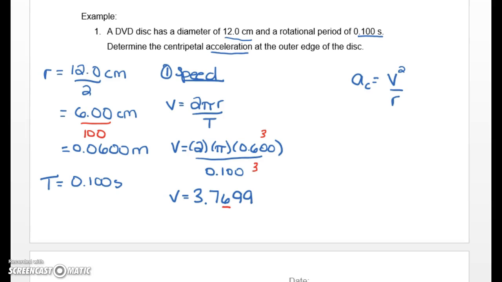So now that we have the rotational speed, we can go ahead and find that centripetal acceleration. It's going to be our speed squared, so 3.7699 squared, divided by that radius, which was 0.0600.